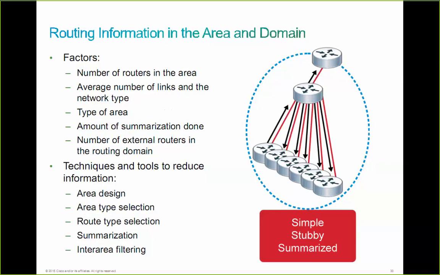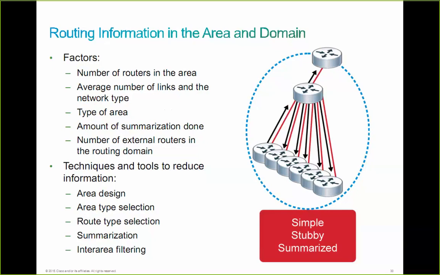The number of areas, the types of areas that are configured on a router, particularly if it's an ABR, right, influence how much routing information gets sent throughout the entire domain. We obviously have different techniques and tools in EIGRP to reduce this information.